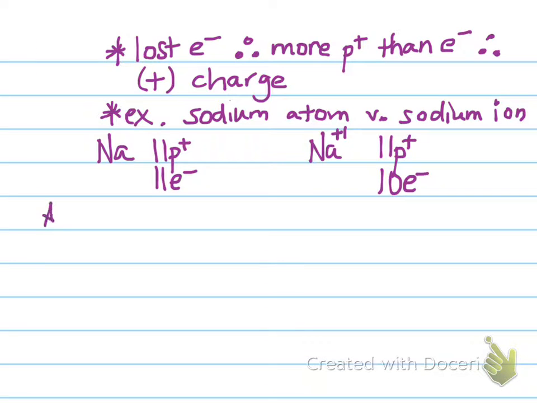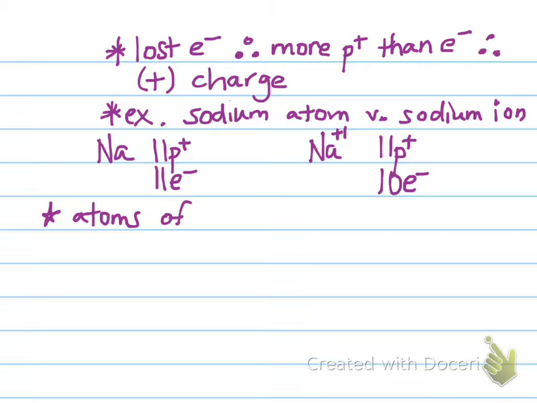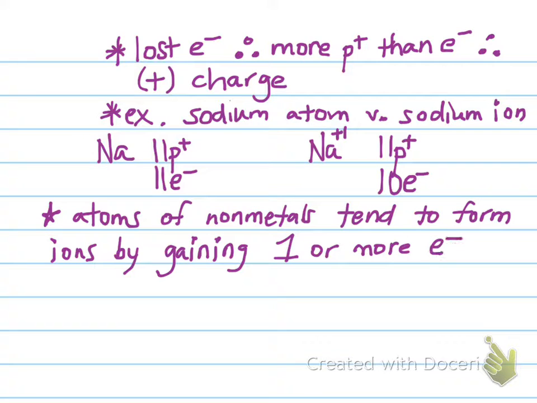Right? The atoms of the nonmetals tend to form ions by gaining one or more electrons.